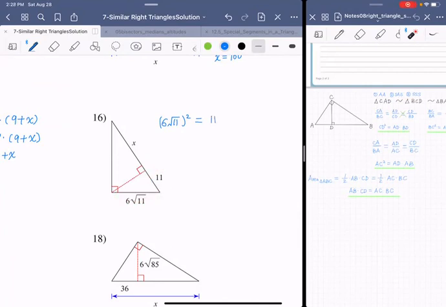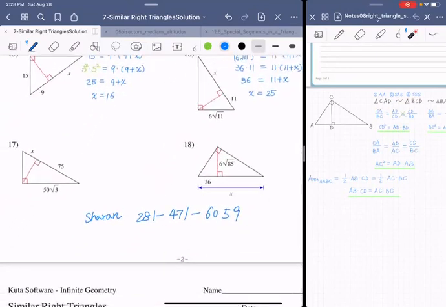Yes, thank you. Continue. 36 times 11 equals 11 times 11 plus x. Okay, 36 is equal to 11 plus x. X is equal to 25. There you go. Very good.